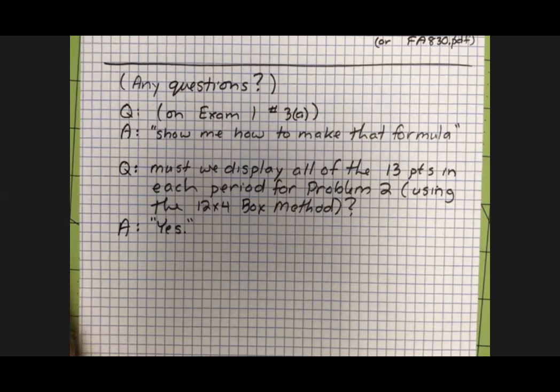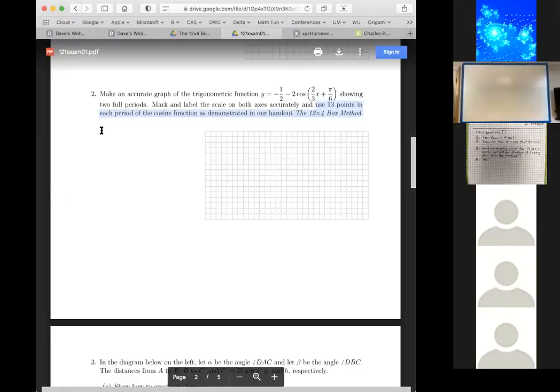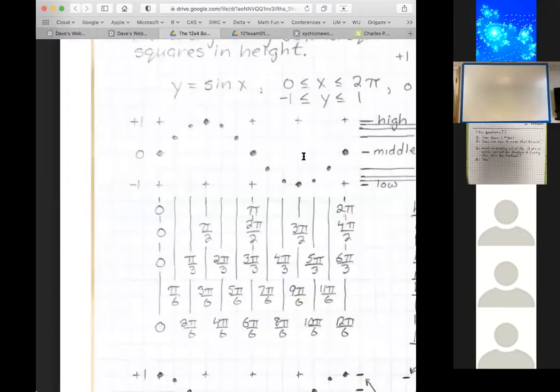And I'll just make one other comment on that method, just so you understand what I mean when I say the 13 points. What you're doing is taking this one period of sine wave, and by making this width 12 boxes wide, you're cutting it into 12ths. You're cutting the 2 pi into 12 equal pieces.